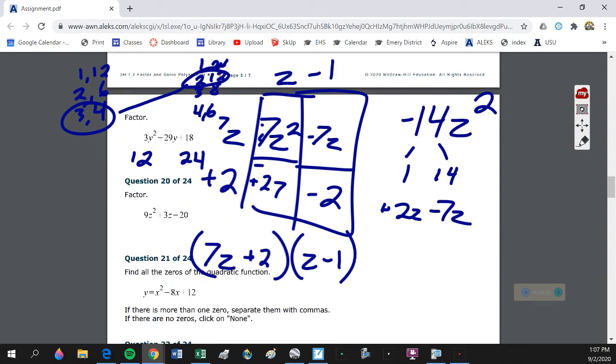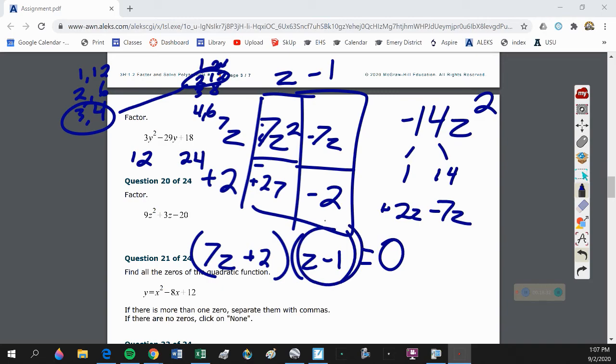Oh, okay, so what if I wanted to know the roots of this? Yeah, so what is the root here? Z equals 1, and then for that one I write equals 0, subtract 2, and divide by 7 would be negative 2 over 7.